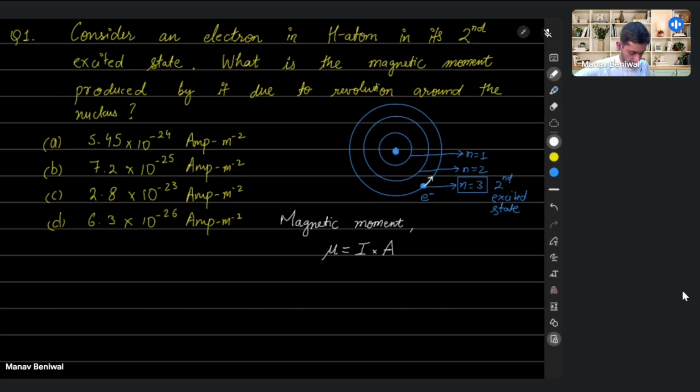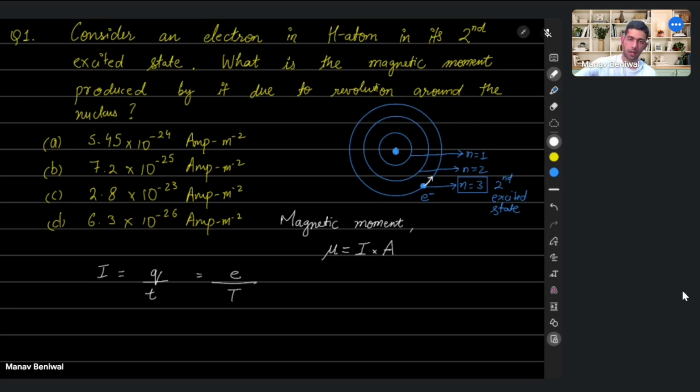So we can write our current as charge upon time. So here, let's say the charge is e and time is the time period of revolution.